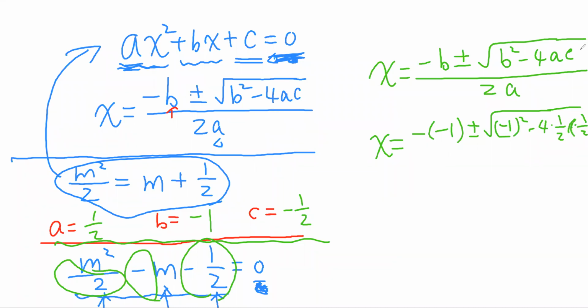Here is too small. Make sure I'm writing good. And over 2 times A is half, right? So X equals, right now it became plus minus, here is 1 minus 1, right? Here is -2, right? So here is 1 plus 1, right?